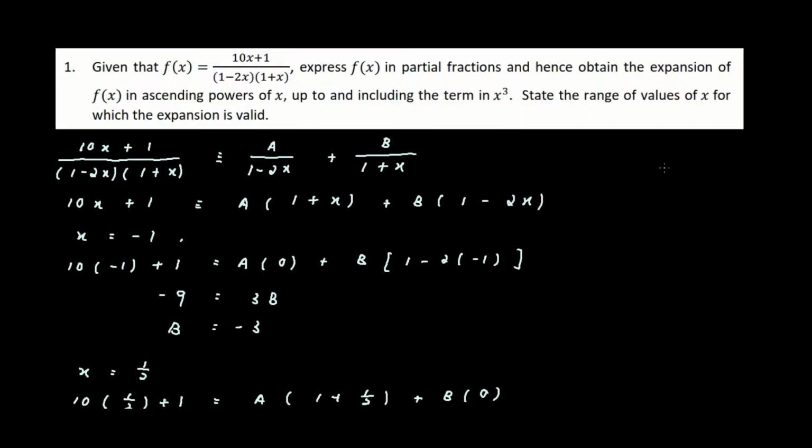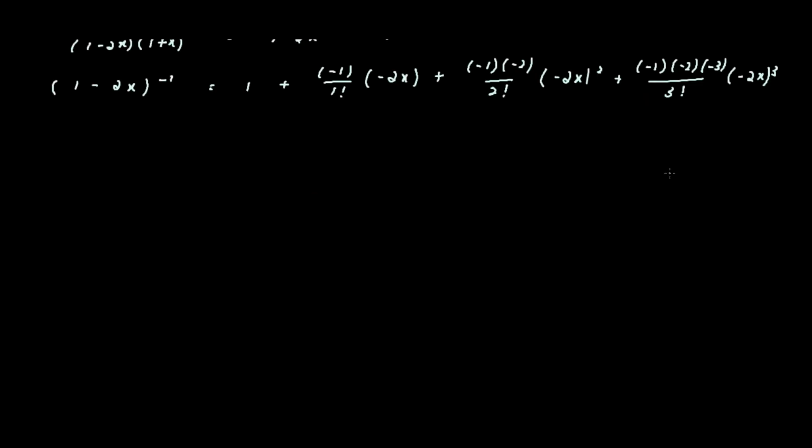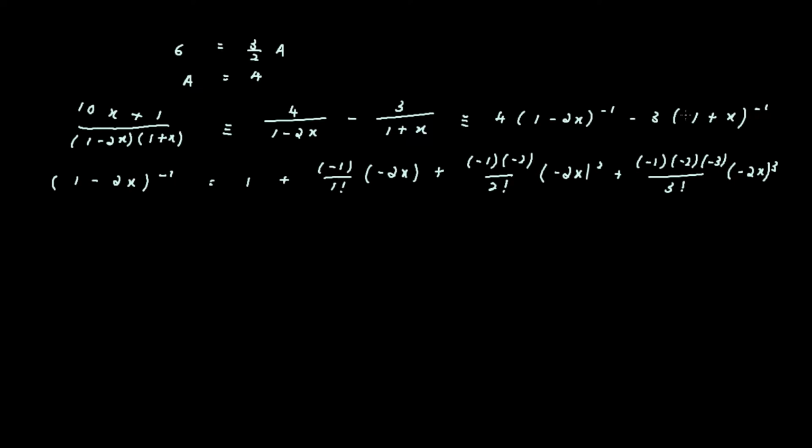So this is question 1 up to term 3, plus infinity. Then after that you should be able to continue. So 1 plus 2x minus 4x squared plus 8x cubed plus infinity.